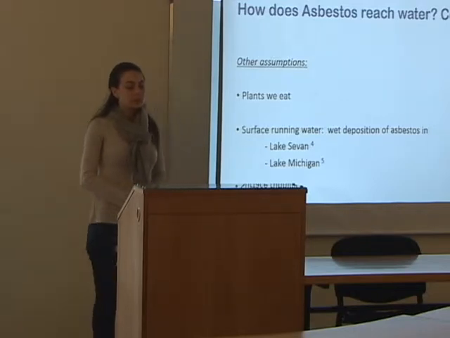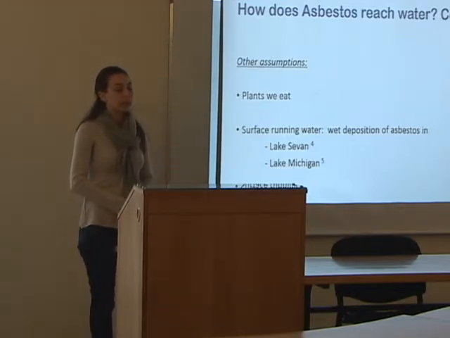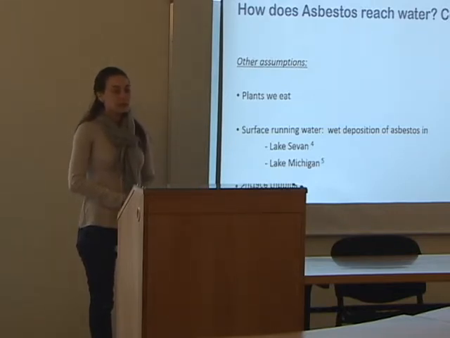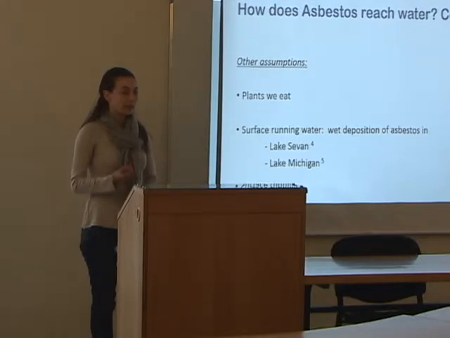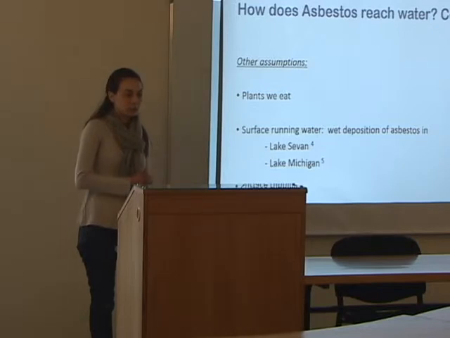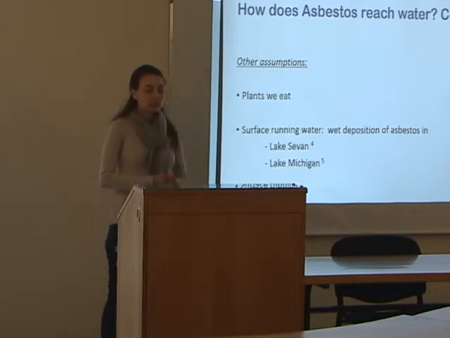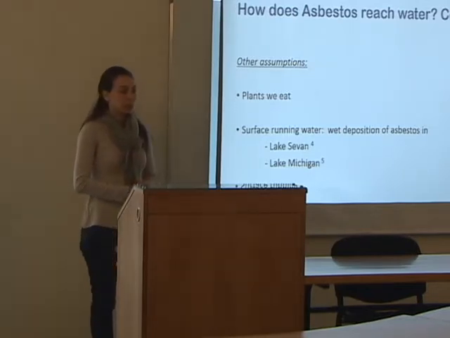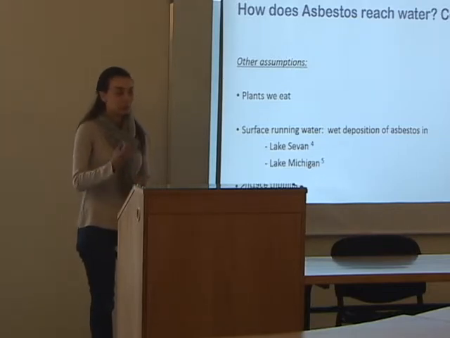Another assumption is that asbestos might reach us through plants. If soil contains asbestos particles and rain comes, the rainwater will drag the asbestos particles with it, and the plant will absorb it, and eventually we will be eating these plants, and it will end up in our bodies.